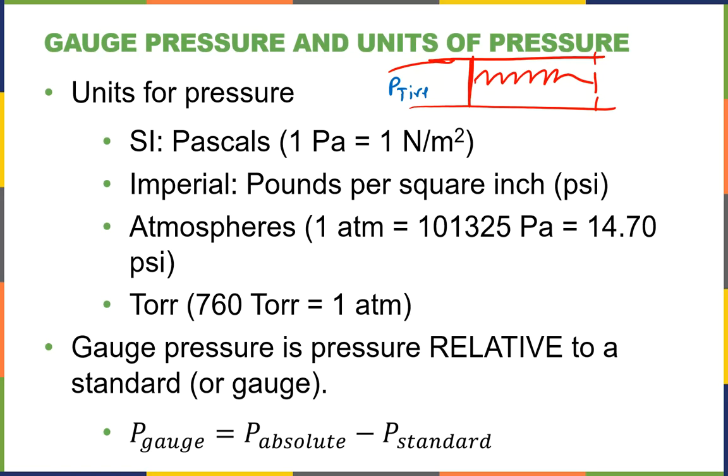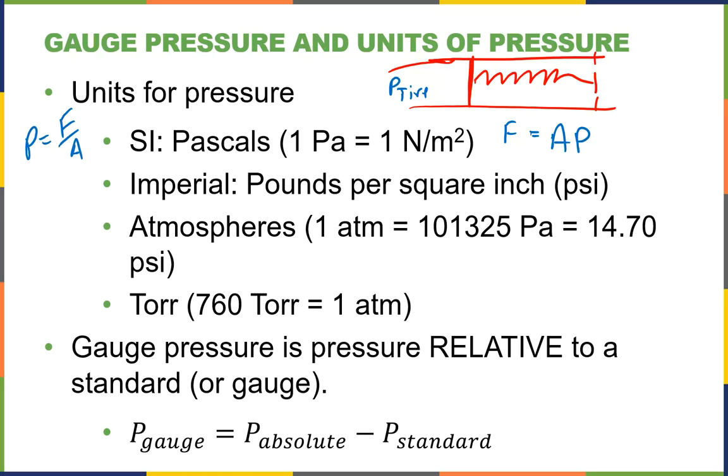If pressure is force over area, how do I calculate the force it's going to apply? Okay, pressure is force over area, so what is force equal to? Area times pressure. So I'm going to have a force of area times pressure pushing on the left side. On the right side, I still have a force.